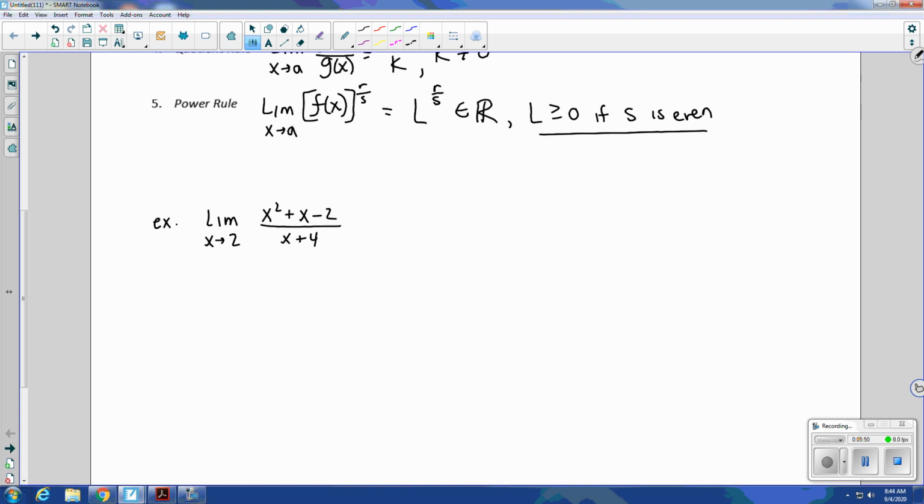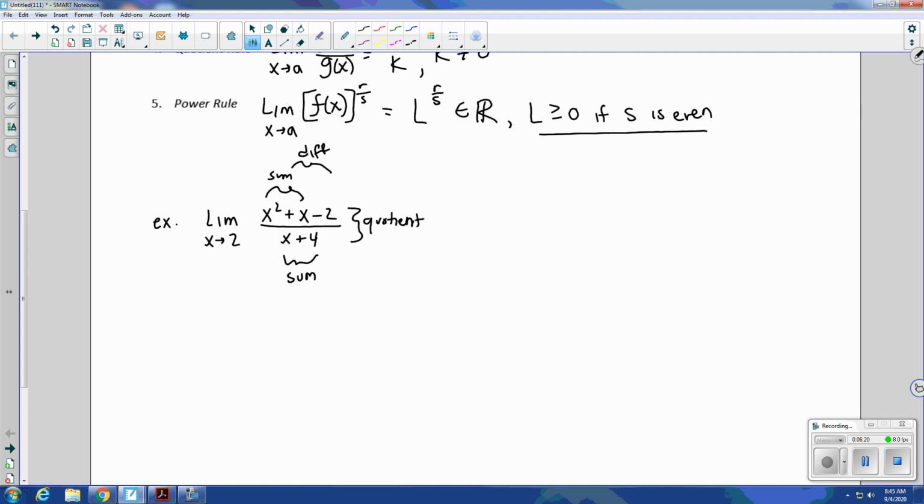Up top, we can see that we have three things going on: x squared plus x minus 2. Between these two pieces we have a sum, and once we establish that, we'll have a difference with the last term. And on the bottom, we just have a sum. Then once we clean up both the top and bottom individually, we have a quotient to deal with.